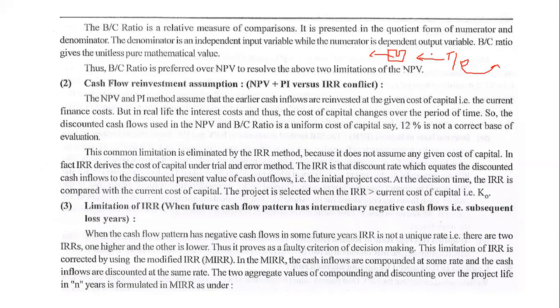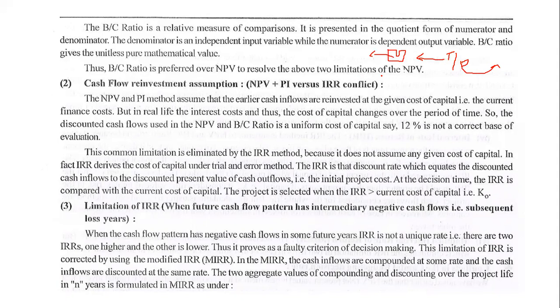Means first, the denominator represents the company situation, and the numerator represents the basic idea of the projects. So BC ratio is preferred over net present value to resolve the above two limitations of the NPV.